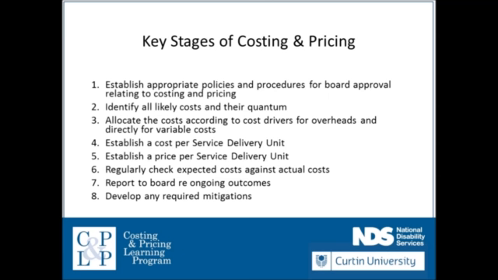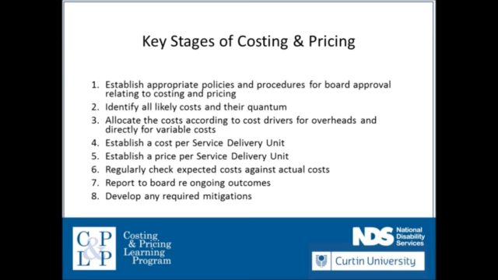However, there are 8 basic steps to this, and those steps are important in the context of making sure you understand both that the board should be involved in both decision making and policies around costing and pricing for your organisation, especially if it's not been done before, and also that you should be involved in receiving reports to the board, somewhat different to the traditional reports where obviously boards are used to seeing budgeted costs against actual costs and budget outcomes, but you also need to have activity outcomes and understanding of the timing of those activities.